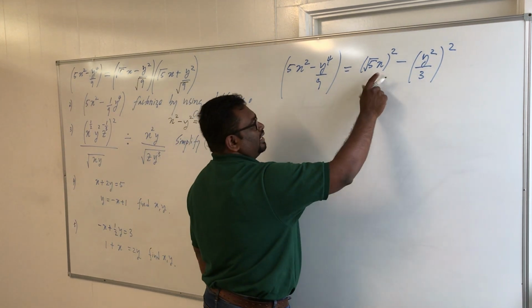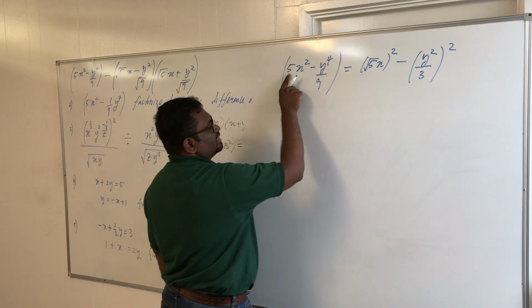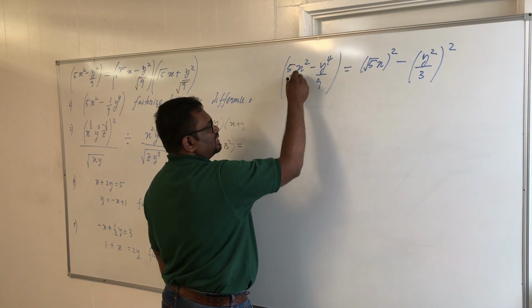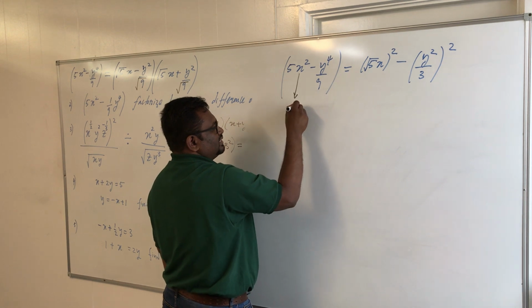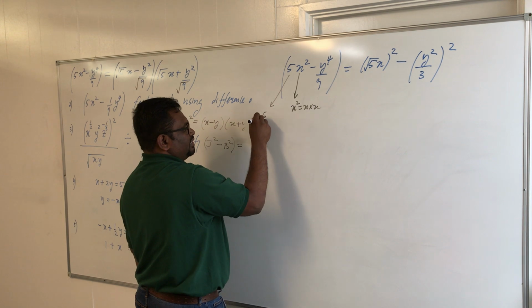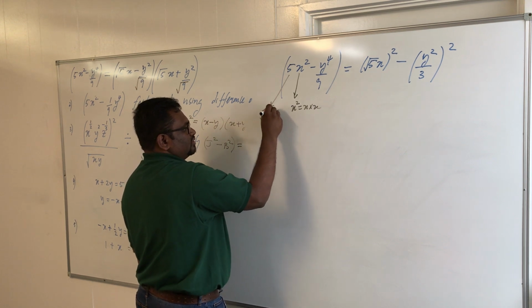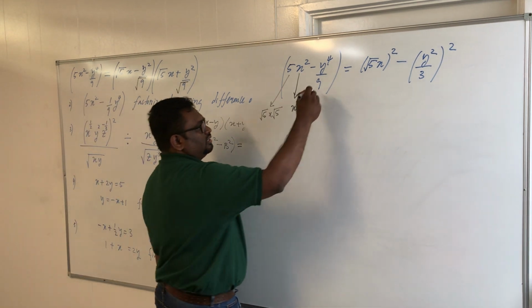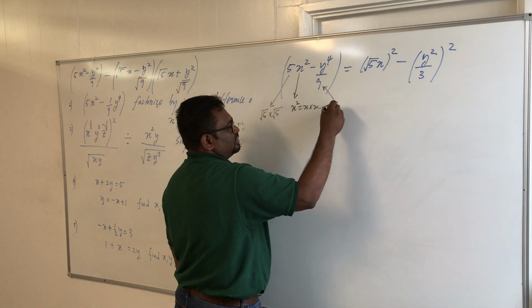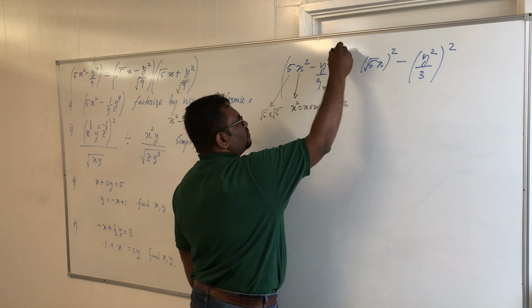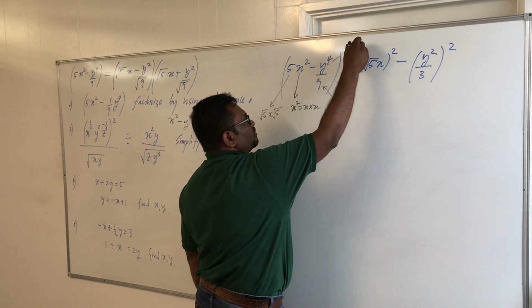So why can you write this one? Because you can see 5x, right? So x squared is x times x. 5 is square root 5 times square root 5. This 9 would be 3 times 3. y to the 4 would be y squared times y squared.